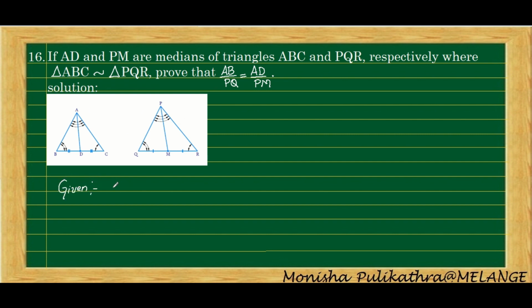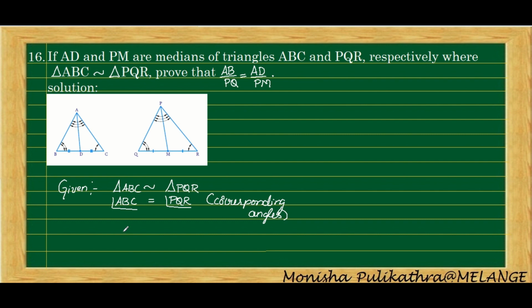Given in the question itself, triangle ABC is similar to triangle PQR. If these two triangles are similar, then angle ABC will be equal to angle PQR because they are corresponding angles.